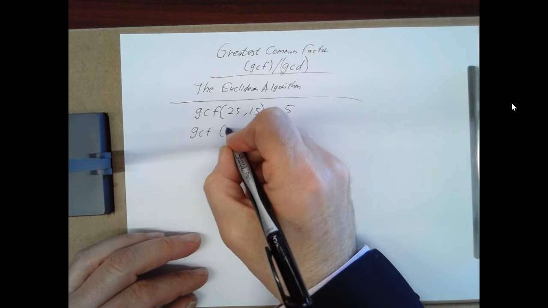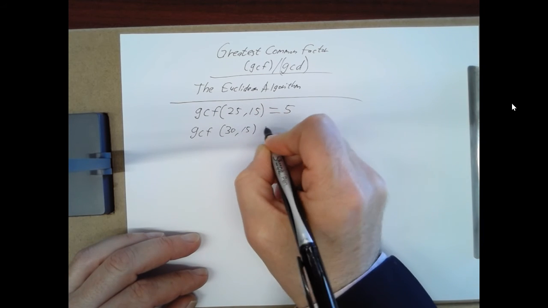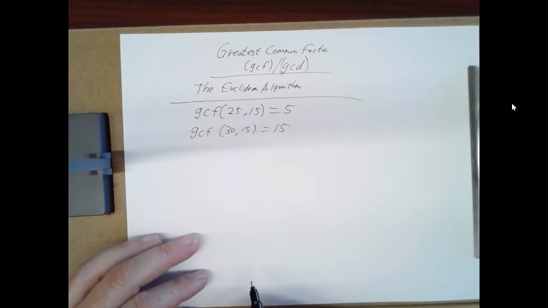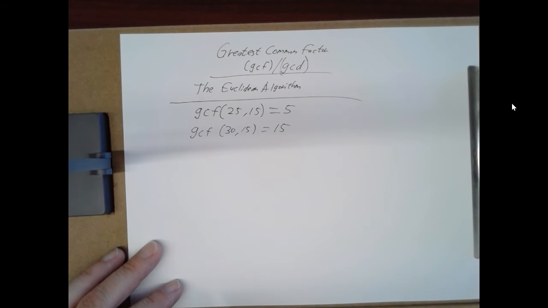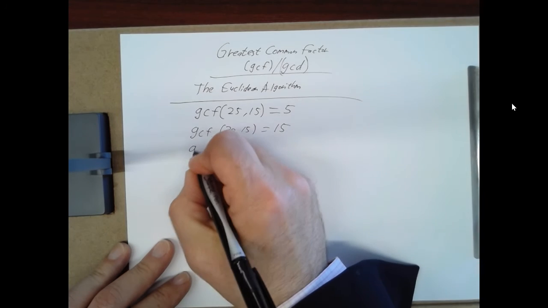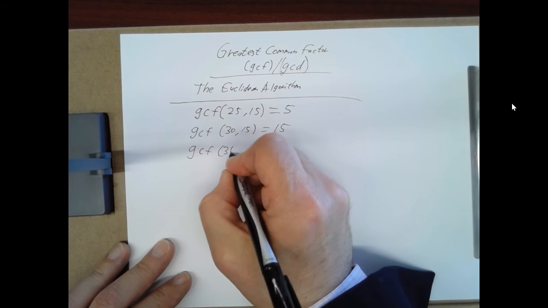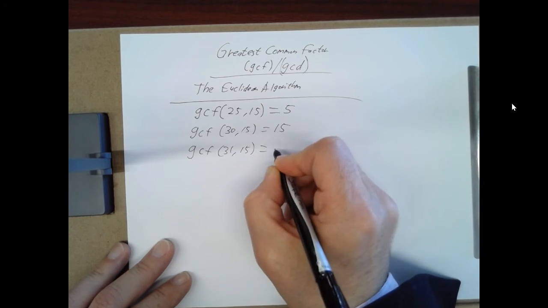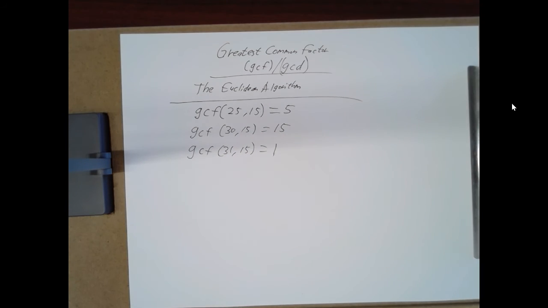Greatest common factor of 30 and 15 is 15, because that divides both numbers, leaving you with an integer. Greatest common factor of 31 and 15 is 1, because there's nothing bigger than 1 that divides both of those.